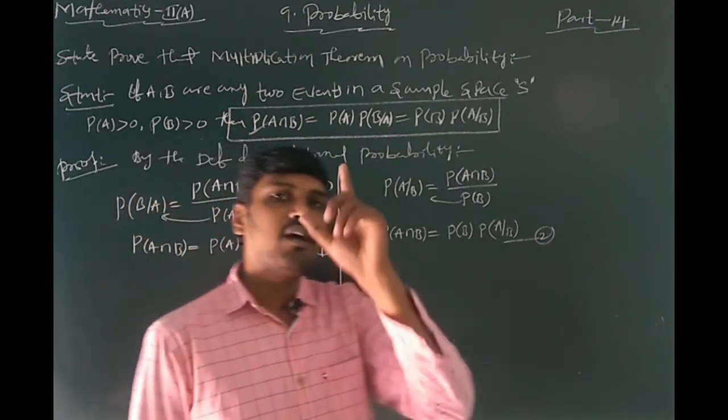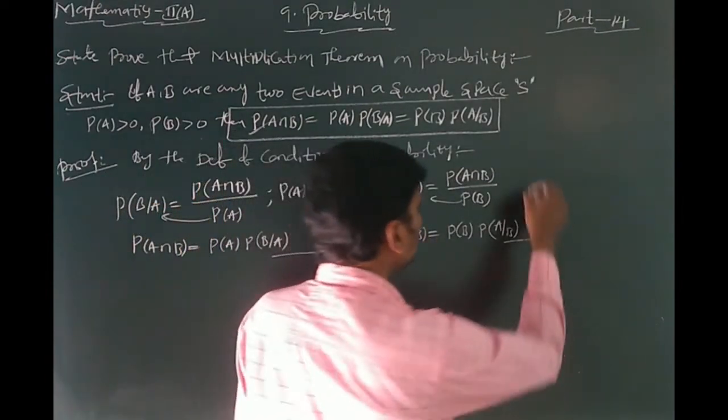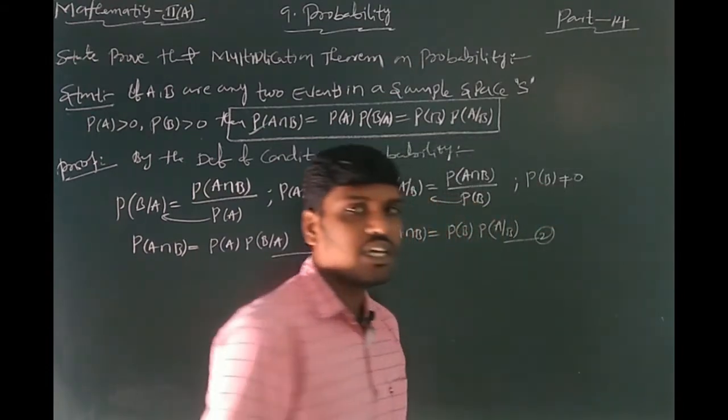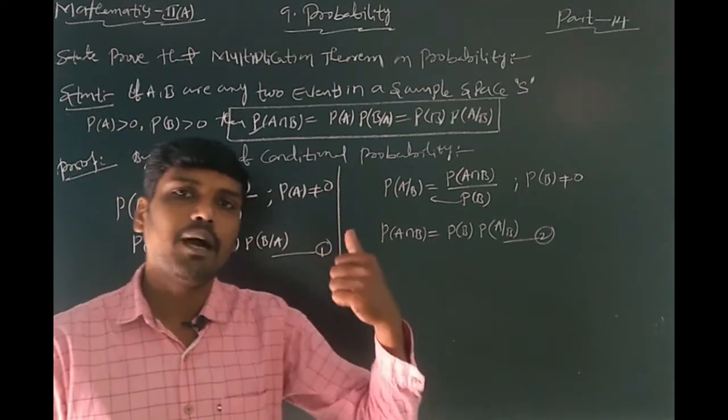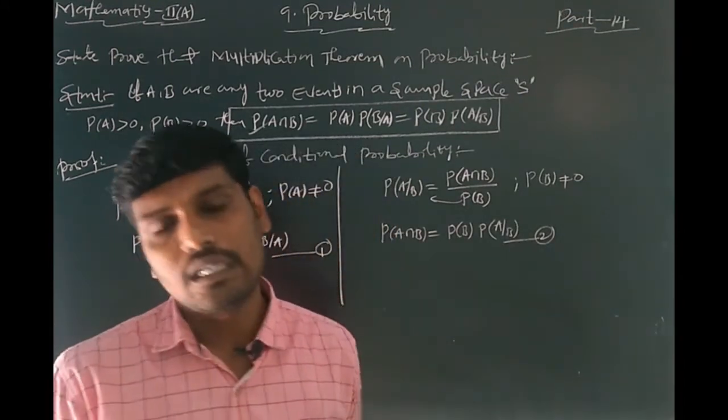If P of A equals 0, this conditional probability cannot be defined. Similarly, here P of B must not be equal to 0. If P of B equals 0, that probability is also not defined.